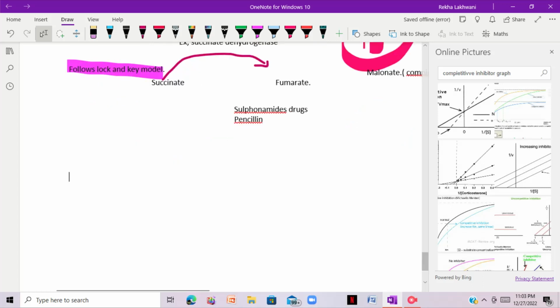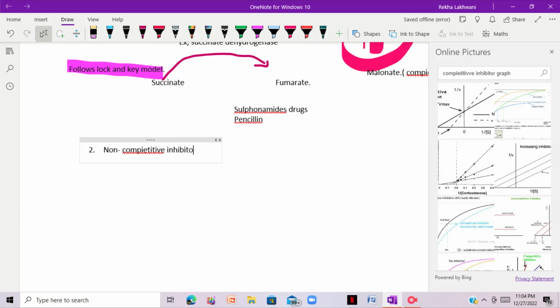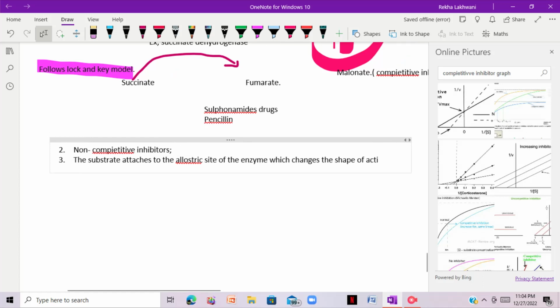Actually, the inhibitor attaches to the allosteric site of the enzyme, which changes the size, or you can say the shape, of the active site, so the enzymes are unable to get attached, right?